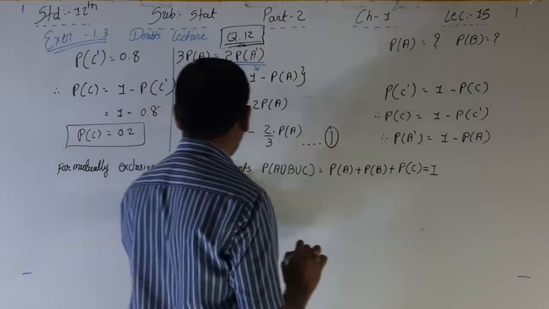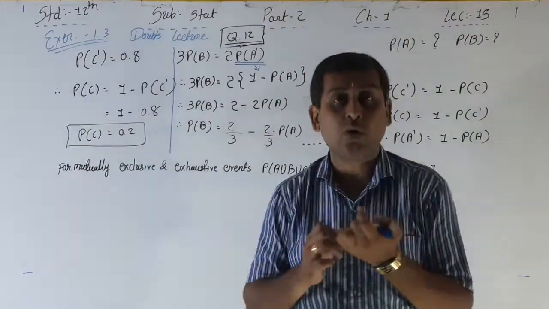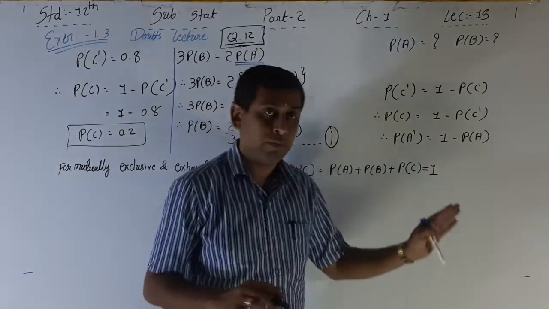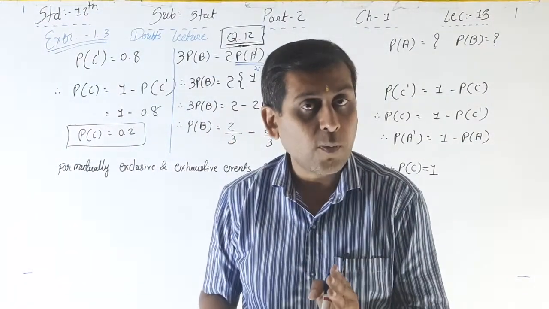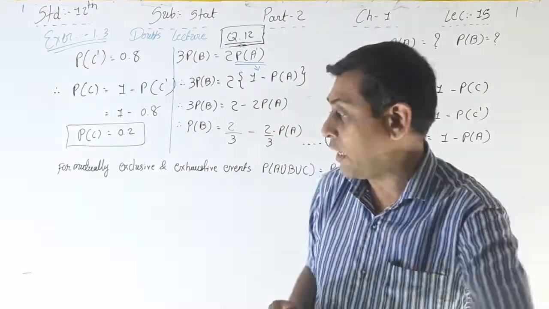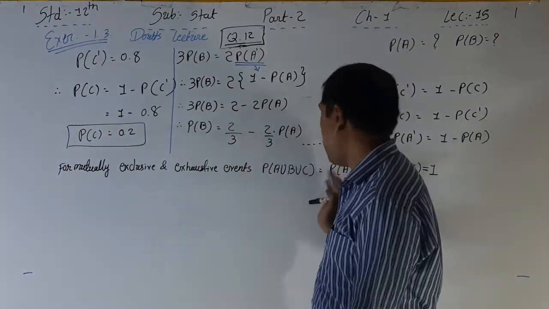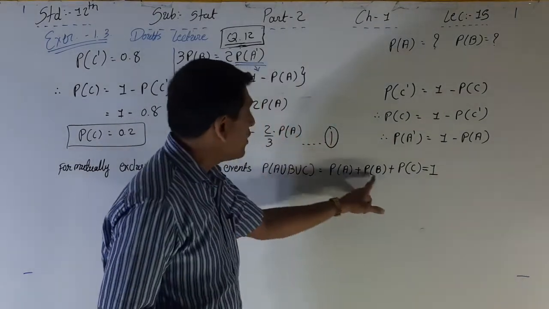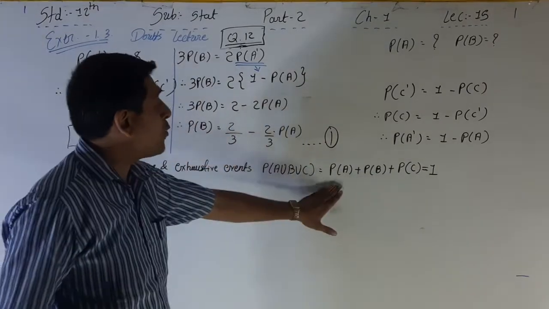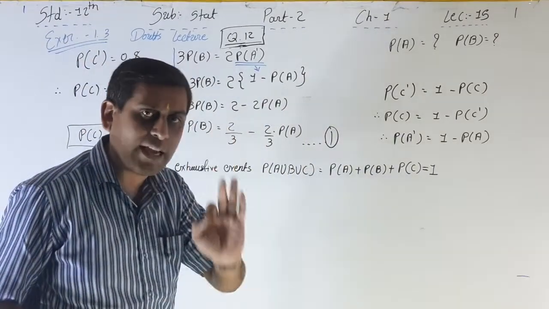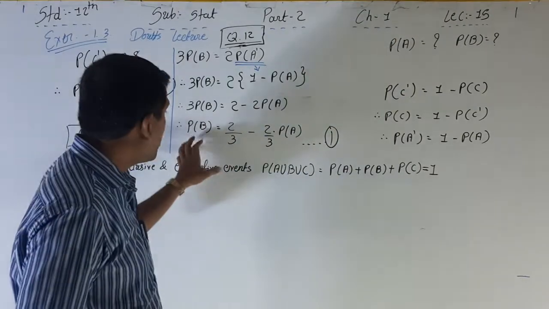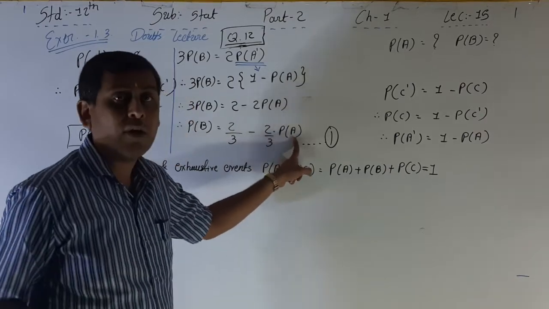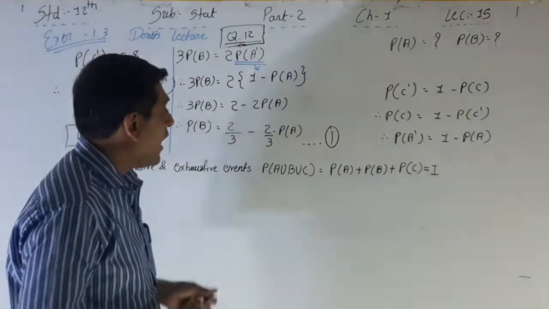For mutually exclusive and exhaustive events, P of A union B union C is equal to P of A plus P of B plus P of C is equal to 1. Right? This is the formula for mutually exclusive and exhaustive events. Now, here we have P of C, yes. We have P of B as an equation, yes. And we don't have P of A, but we are writing P of A as it is, nothing else. Right? Because here P of B is also converted in terms of P of A. Right? So I have to write this.